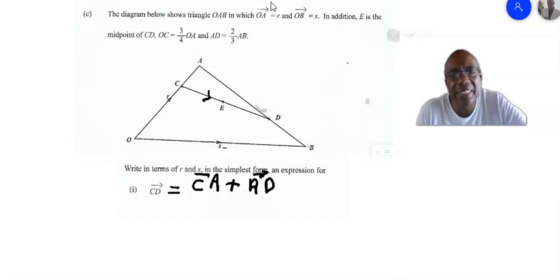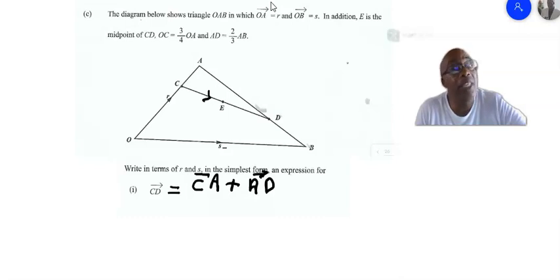Vector CD, we start from C and we end at D. So we find the two or more vectors that will start at C and end at D when you have one followed by the other. So for example, in going from C to D, I can go from C to A and A to D. So vector CD is vector CA plus vector AD.